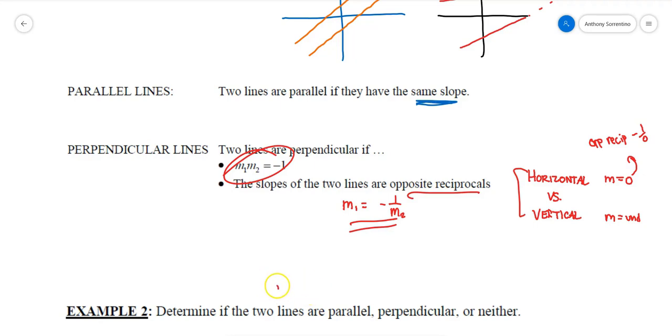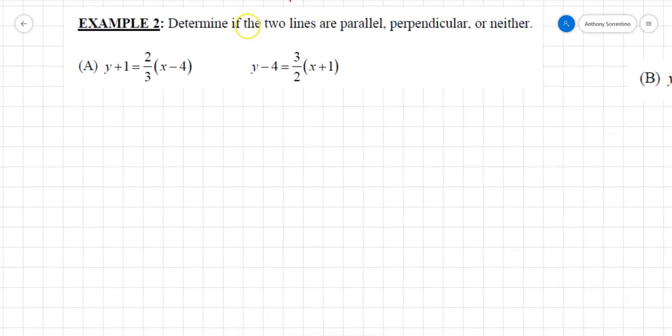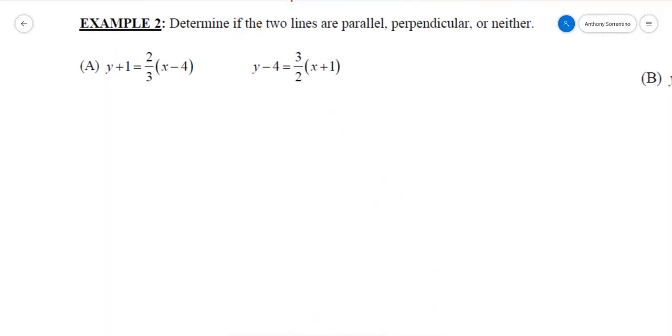So in example 2, you're asked to determine if the two lines are parallel, perpendicular, or neither. Anytime you're asked that question, you're going to need to know what the slopes are. Here, the slope is 2/3. Here, the slope is 3/2.